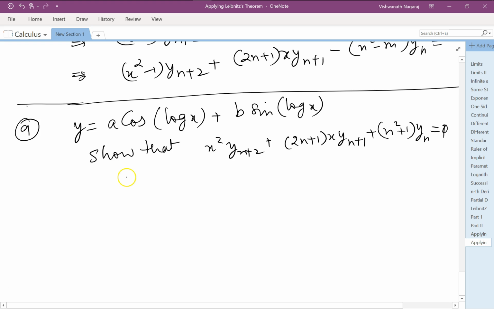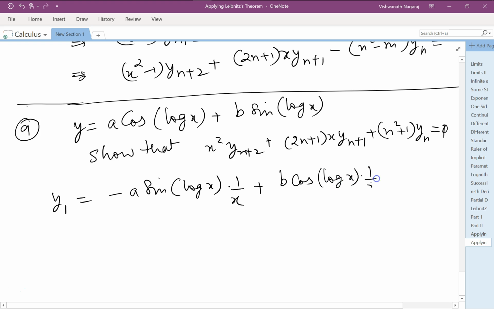Okay, so let's differentiate. Cos is minus sine, so minus a sine log x, and then log x differential is 1 by x, plus sine is cos, so b cos log x times 1 by x.